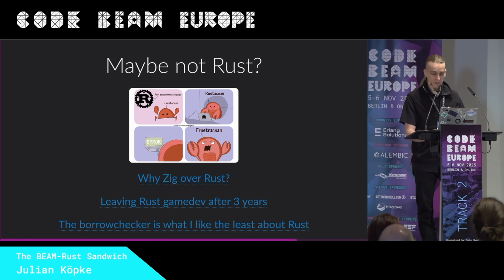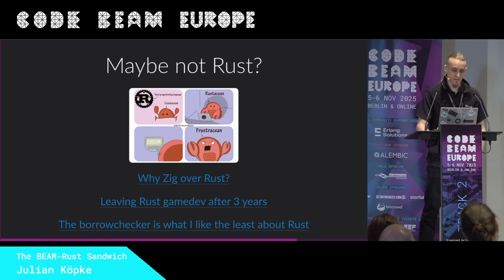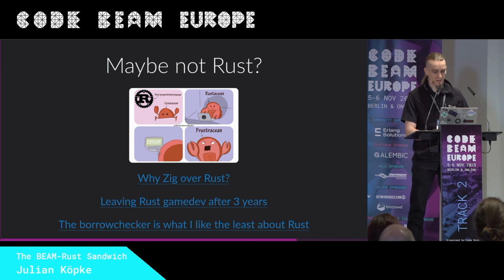One very prominent example is Richard Feldman, the creator of the Roc language. He started everything with Rust, and at some point he decided to switch things over to Zig because it just suits what he's doing better. Because sometimes it's not the best language to use for everything. And yeah, I linked a few other articles here that are pretty interesting.